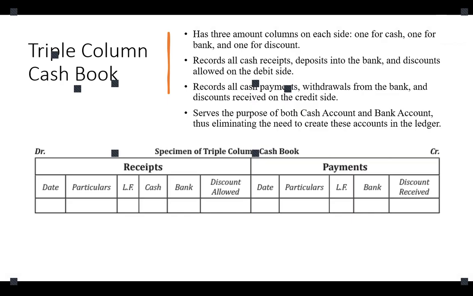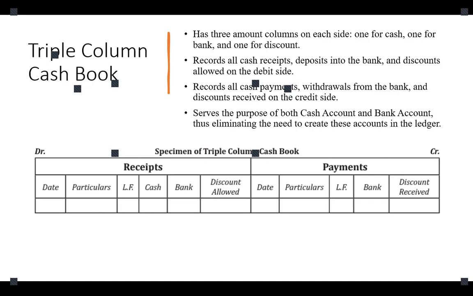Triple column cash book: when there are three columns in the cash book on both debit side and credit side. It has three amount columns on each side, one for cash, one for bank, and one for discount. So it records all cash received, deposits into the bank, and discount allowed on the debit side. It records all cash payments, withdrawals from the bank, and discount received on the credit side.